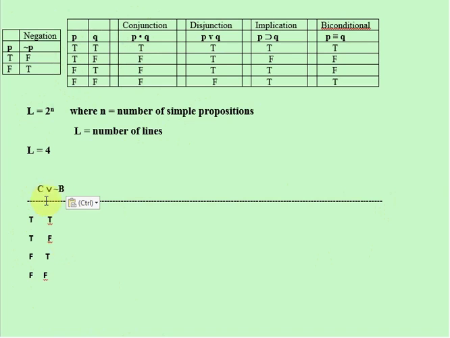Okay. Let's take this one, which is a little bit more complex than our last one. Remember, that is C or not B. And so, again, remember that these represent propositions. They're symbolized propositions. So C can represent a proposition, and B will represent a proposition.